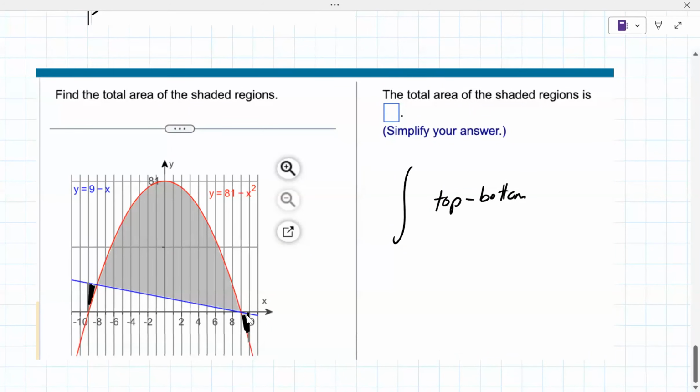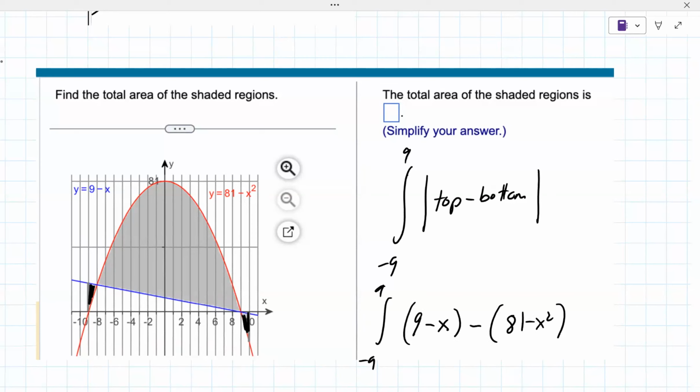To avoid issues, you can always put the absolute value around your integral. I'll show you that here because you're integrating from -9 to 9. Your top changes, so the order doesn't matter now. You're going to go 9 minus x minus 81 minus x squared, but you're going to put it in absolute value.